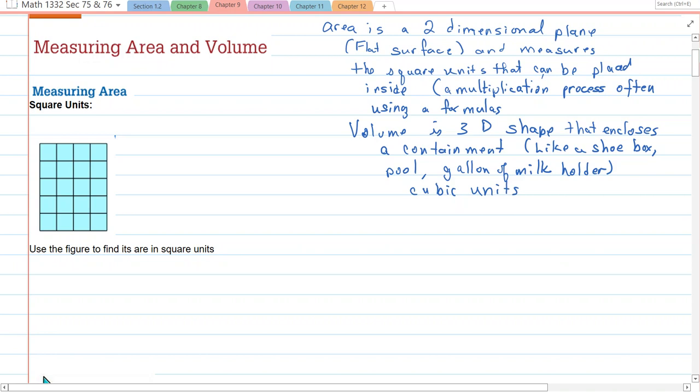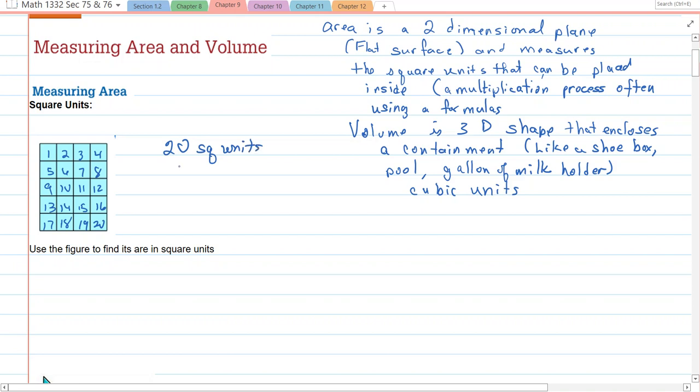All right. So we're going to start here our lesson on a shape. And we're going to count them. It's 1, 2, 3, 4, 5, 6, 7, 8, 9, 10, 11, 12, 13, 14, 15, 16, 17, 18, 19, and 20. 20 square units.